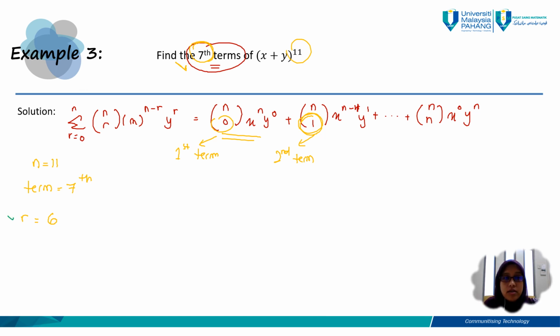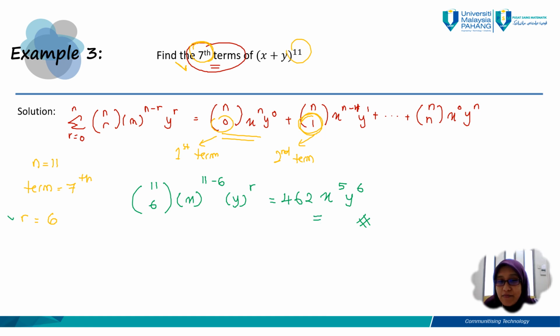By using the formula, for the seventh term I will have 11 choose r, where r is equal to 6, and then x to the power of 11 minus 6, multiplied with y to the power of 6. Just using your calculator, 11 choose 6 is equal to 462, so x to the power of 5, y to the power of 6. So this is the answer for the 7th term.